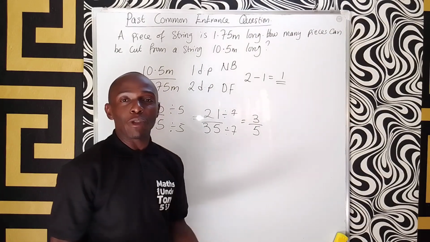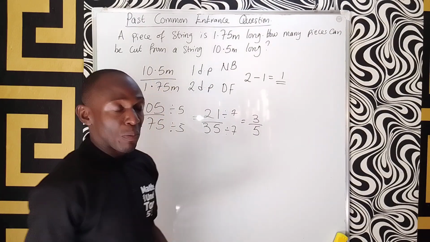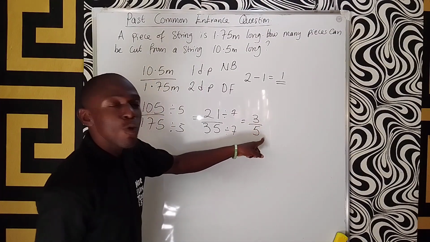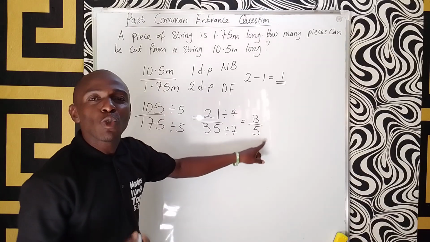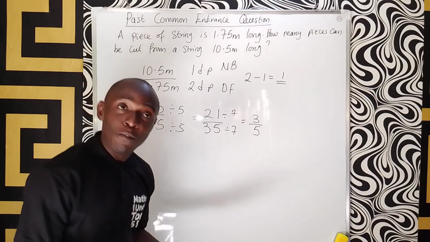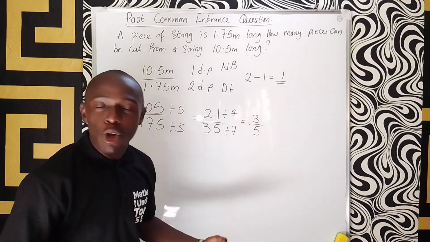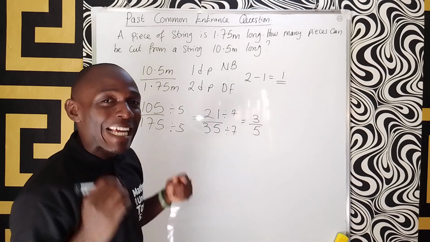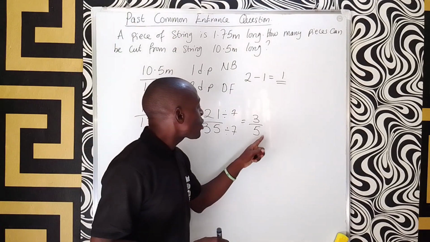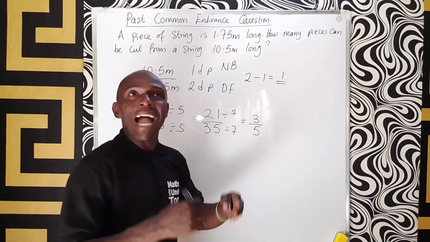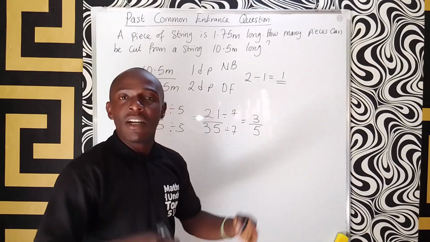How do we change this number to a decimal number? Now, this is 5. Always look out for the denominator. How do I make the denominator to be 10, 100, 1,000, 10,000, 1 million, as the case may be, so that I can easily move the decimal point? What number will I multiply with 5 that will give me either 10, 100, 1,000?